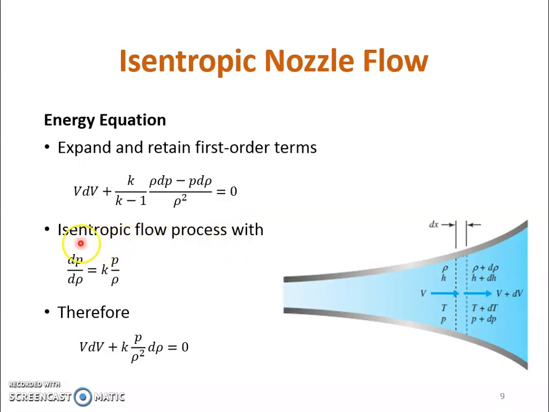And then we know this relationship from the isentropic flow process, which we have looked at previously. So we can substitute into the above equation, and the equation transforms to this equation, where we have the velocity, the k value, the P, rho, and also the change of the density.